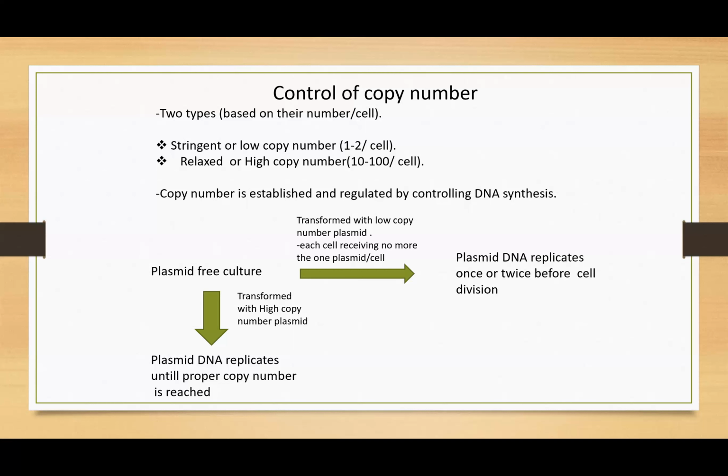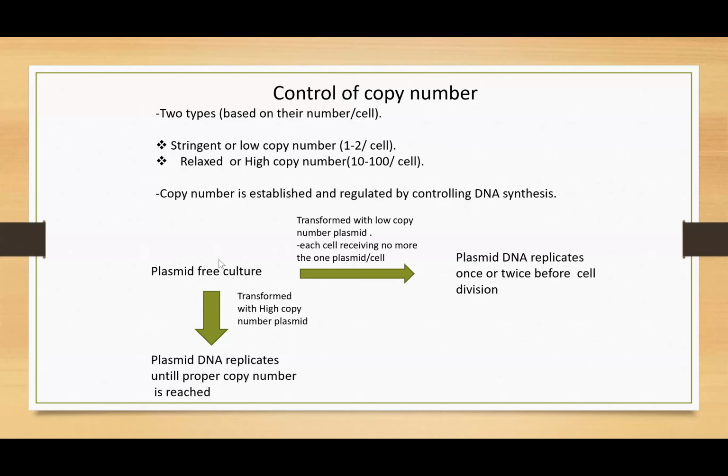Before I address this question, a basic question was asked: whether it is the host cell or the plasmid itself that controls its number. A very simple experiment was performed, which answered this question. The experiment goes like this. A plasmid-free culture was established and maintained.